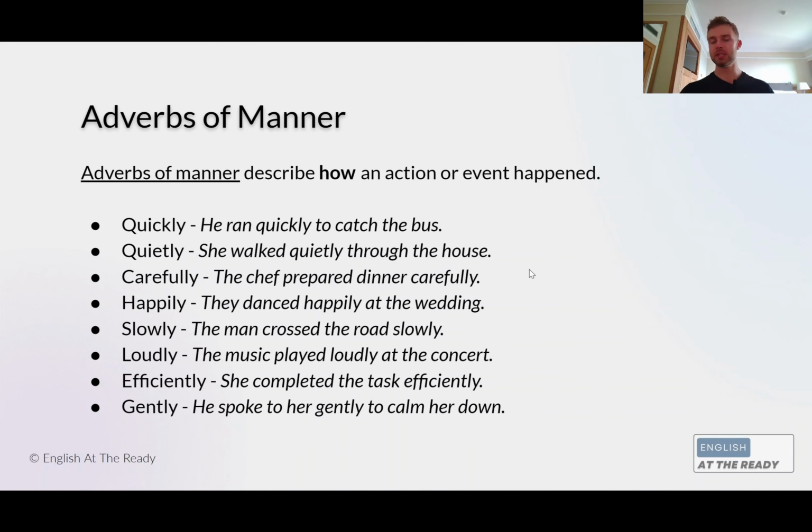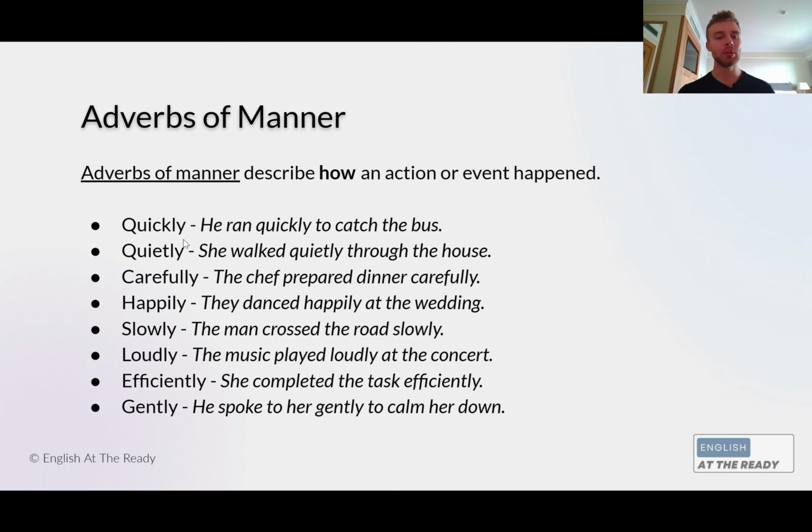So you can really take any adjective and turn it into an adverb by adding ly. For example, interesting, right? Interesting becomes interestingly. Or surprising, right? Surprising becomes surprisingly.